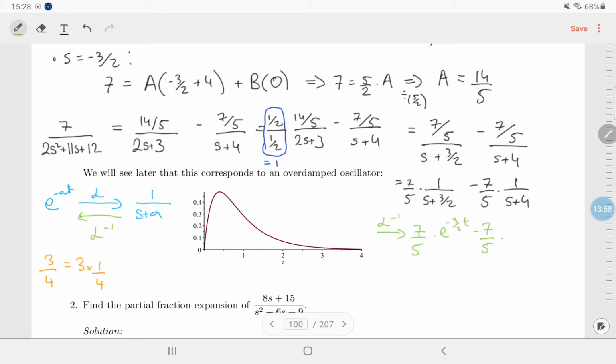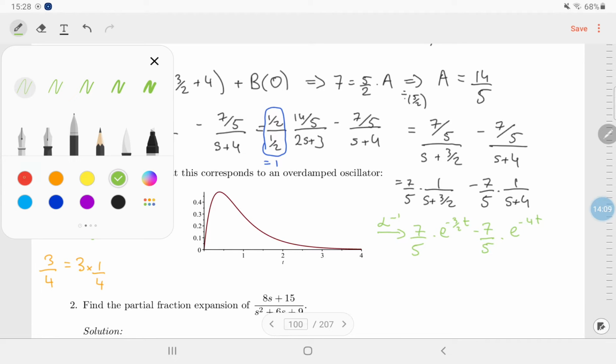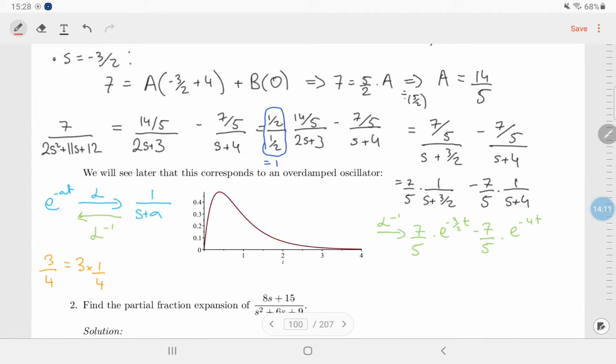That means you can go term by term fixing constants. So the inverse is as well. And then the 1 over s plus 4 goes back to e to the minus 4t. Now you should know from chapter 2 that when you've got two negative exponentials, this one goes to 0 faster.